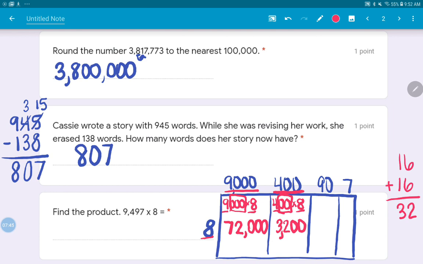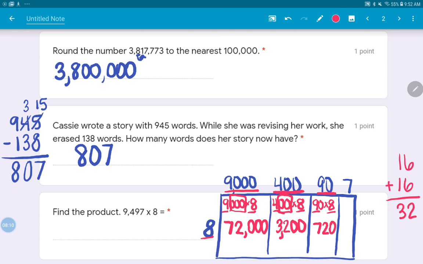Now we're going to get the area of our third section. So the length of this part is what? 90. What's the width? 8. All right, 9 times 8. Yeah, we just figured that one out. That was 72. How many zeros? 1, because we were multiplying in the tens place.